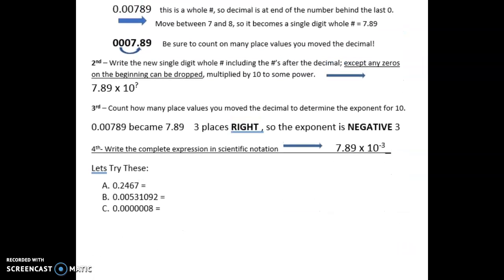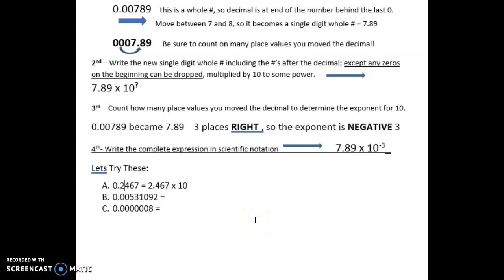So let's try these. If I had the number 0.2467, I know I need to write a single-digit whole number. So that number is going to now become 2 point something, 2.467 times 10. And I'm moving the decimal.